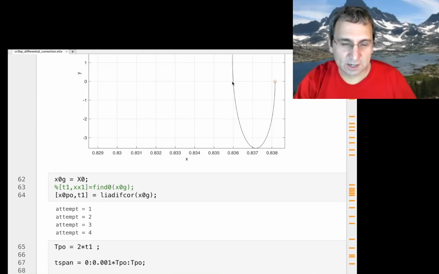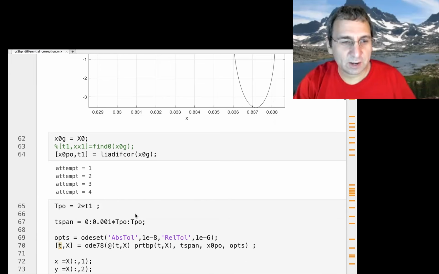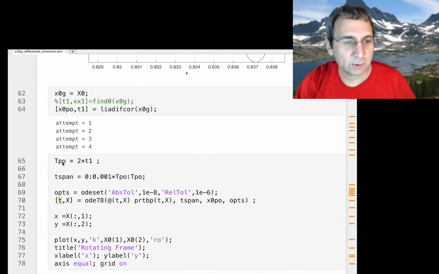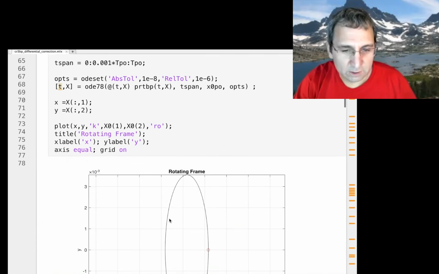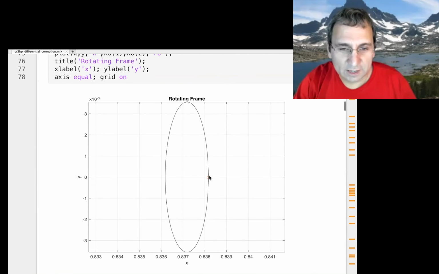The time of that crossing, due to symmetry, is exactly half of the full period. So now if I integrate for the full period, TPO is 2 times T1, and then integrate the equations of motion again, here's what I get. I get something that closes back on itself. So the differential correction works.